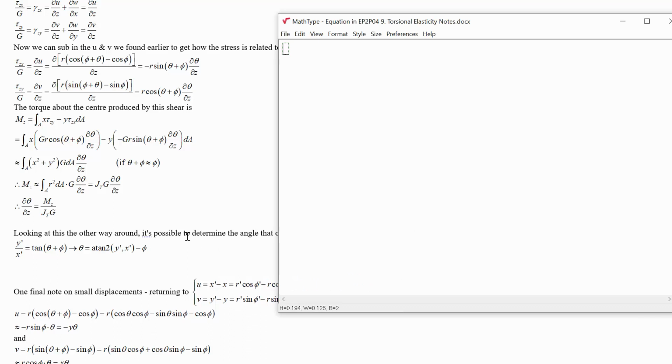This is something we can do in FlexPDE. So we could define theta as atan2 of y and x, and then define x prime as x plus u and y prime as y plus v.